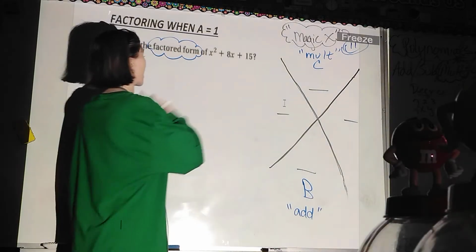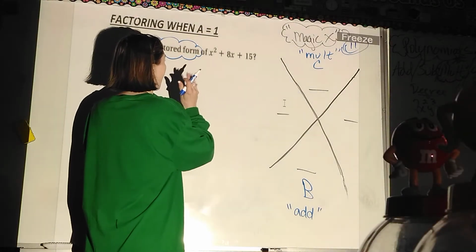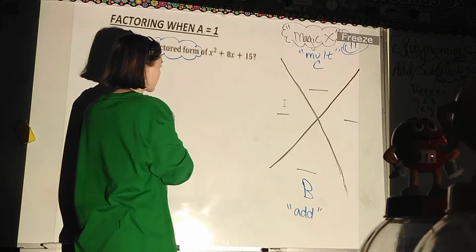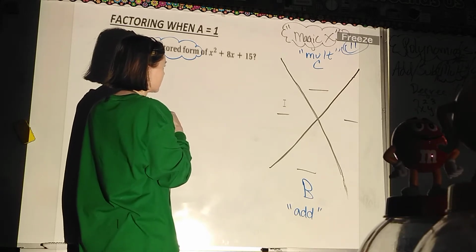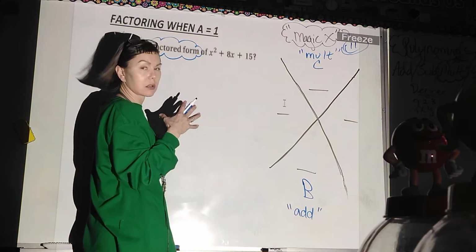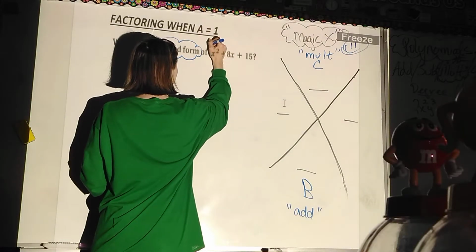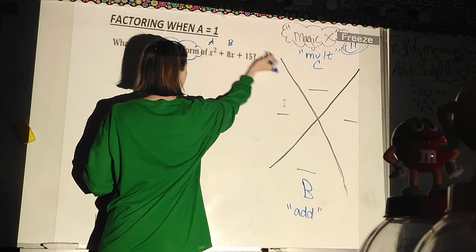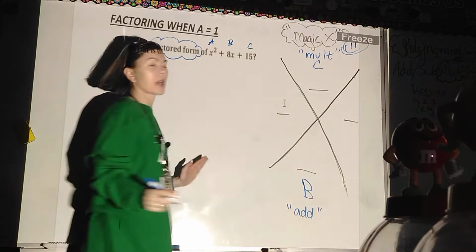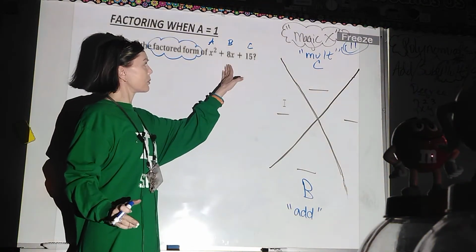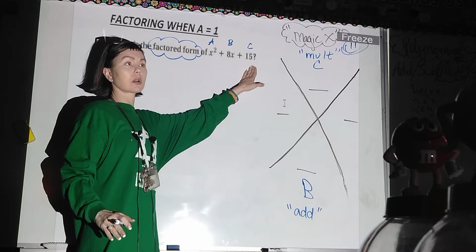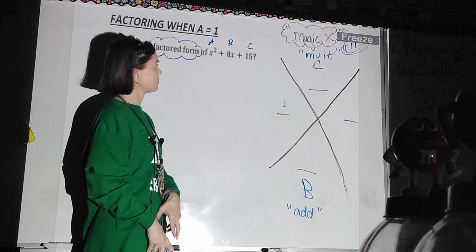But all you need to know is that above your polynomial here, I want you to write A, B, and C. This is your A term, your B term, and your C term.